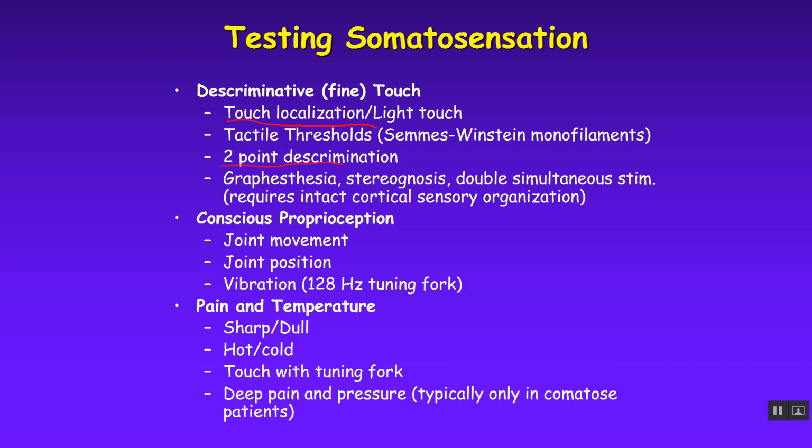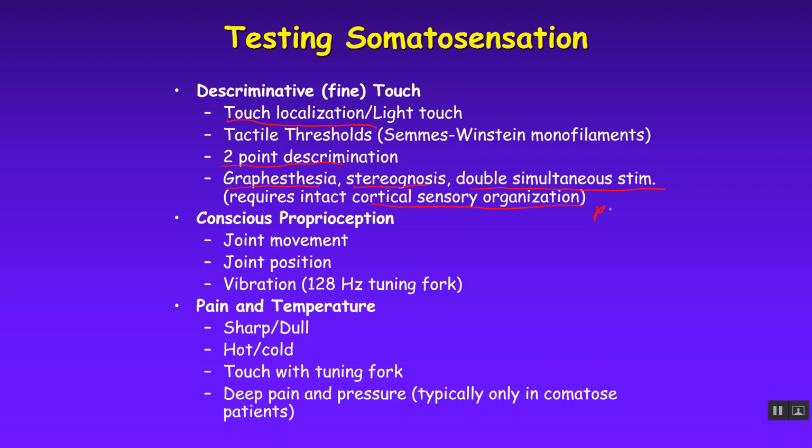Then the other ones, graphesthesia and stereognosis and double simultaneous stimulation, are all ways of testing a specific region of your cerebral cortex, the parietal association cortex, also known as the cortical sensory organization area.